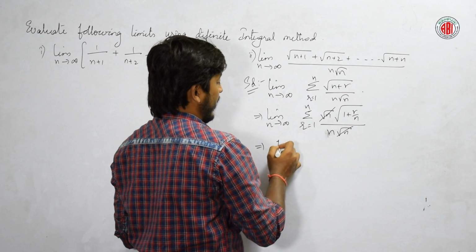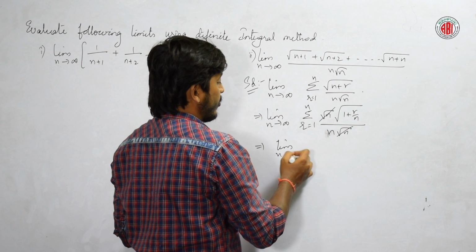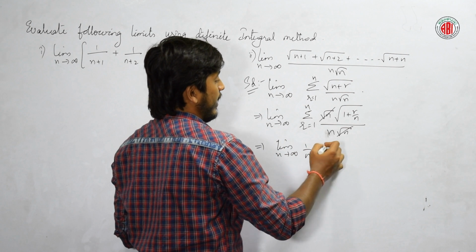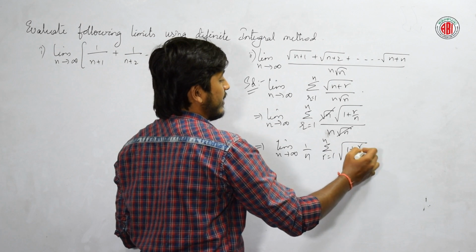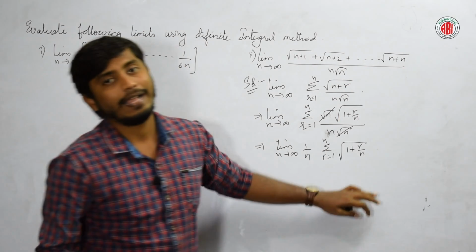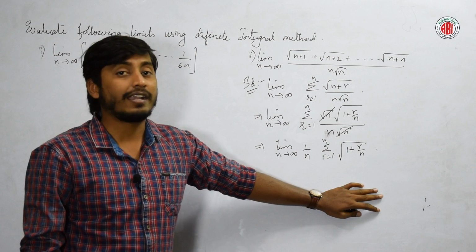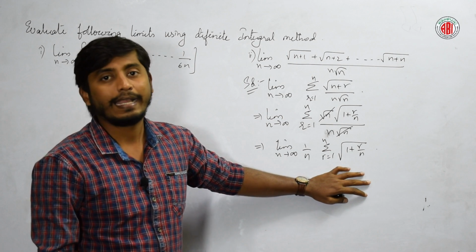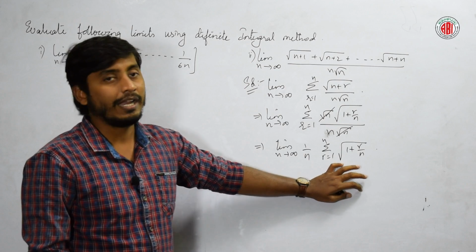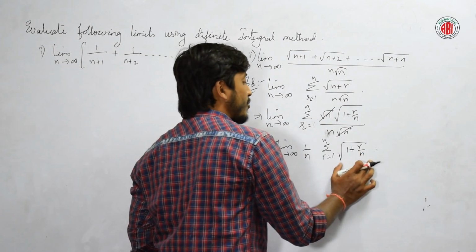I will be left with limit n tends to infinity, 1 by n summation r is equal to 1 to n, root of 1 plus r by n. So, this is the standard form which we are going to use. Clear? Did you understand? Now we are going to integrate this particular function.